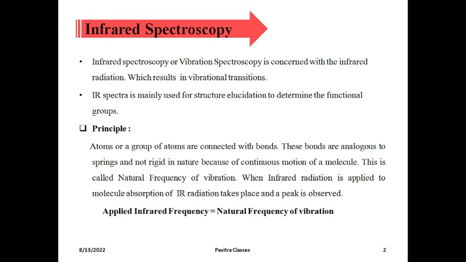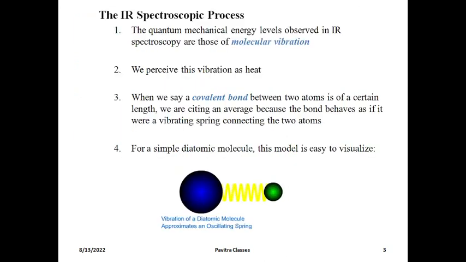For that unique frequency we can identify the functional group present in that material. So whenever the applied infrared frequency is equal to the natural frequency of vibration of the bonds, then the IR peak will be generated. In IR spectroscopy, the quantum mechanical energy levels observed are molecular vibrations. So natural molecular vibrations will give the IR peaks.